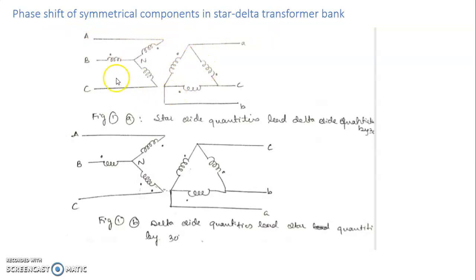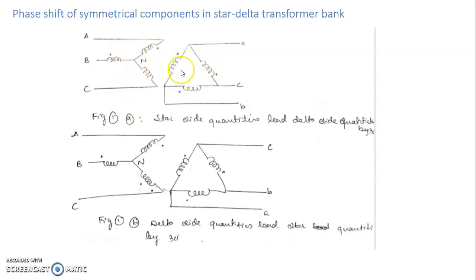Let us assume a transformer whose primary winding is star connected, whereas its secondary winding is delta connected, and the shifting will take place depending upon the dot convention. So here we have a dot convention, and parallelly connected windings are magnetically coupled. Let us observe in figure 1a the star side quantities and the delta side quantities, and we want the relationship between these two.